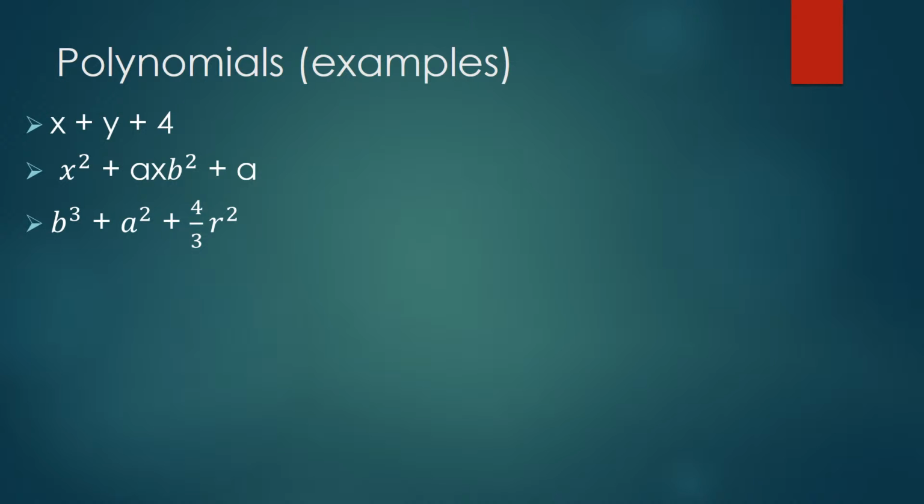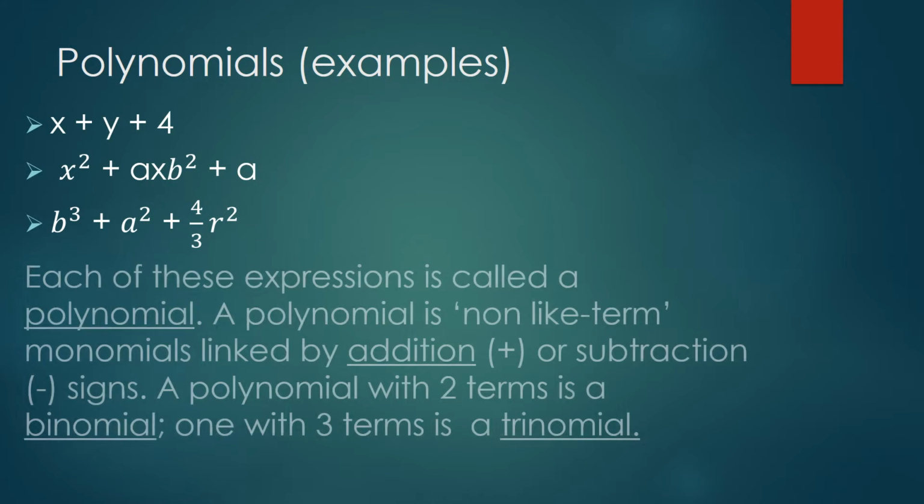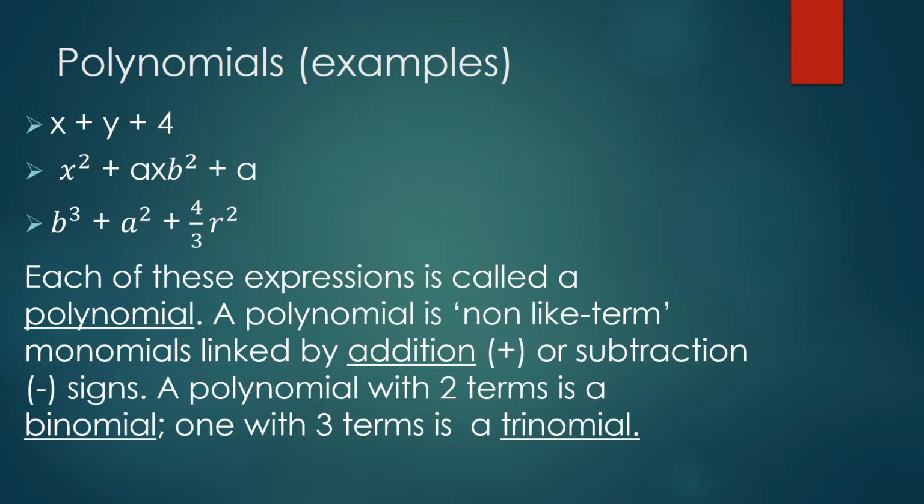Another polynomial made up of 3 monomials connected with plus signs. Each of these expressions is called a polynomial. A polynomial is non-like monomials linked by addition or subtraction signs. A polynomial with 2 terms is called a binomial. One with 3 terms is called a trinomial.